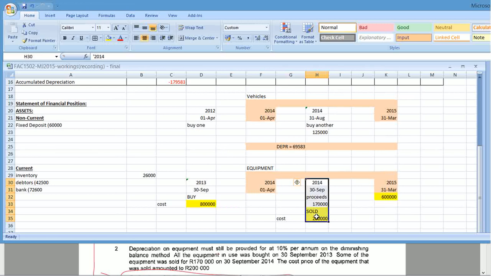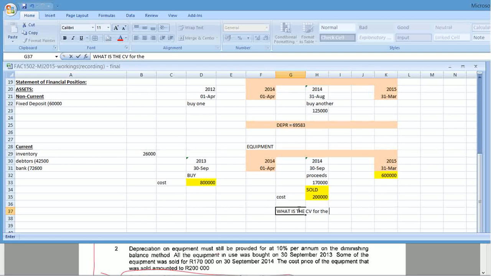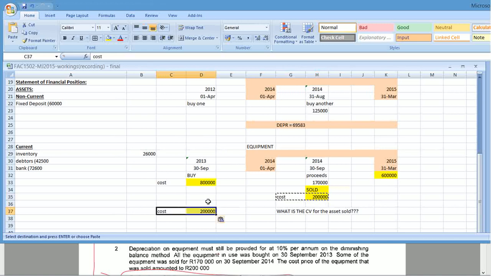We're looking at the proceeds from the sale of the old assets. So we need to know what is the carrying value for the assets sold. That's basically what we're trying to find. So we know that the cost was 200,000. That would have been here. Cost of 200,000 at 30th of September 2013.